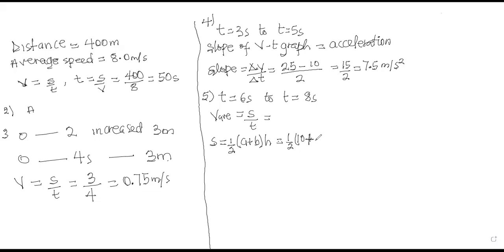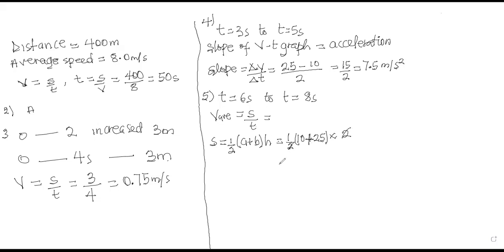And this is equal to 25. Multiplied by height. The height is that perpendicular length, the side which is perpendicular to both A and B. And the side length or height is 2, the interval between 8 and 6. So this is equal to 2.